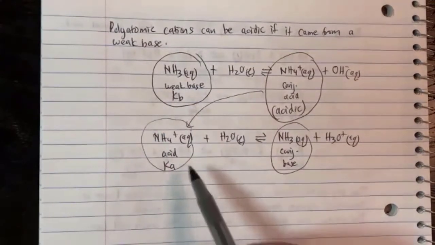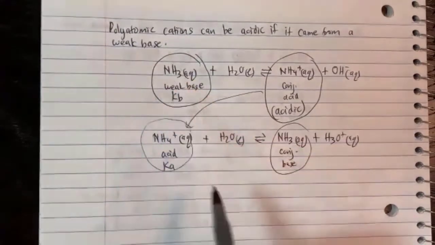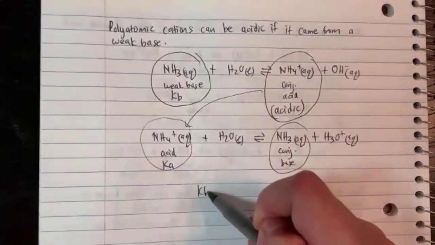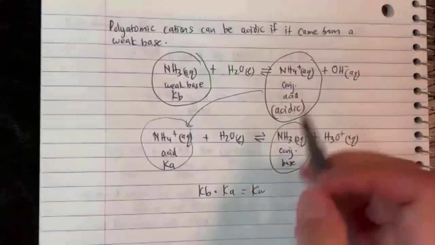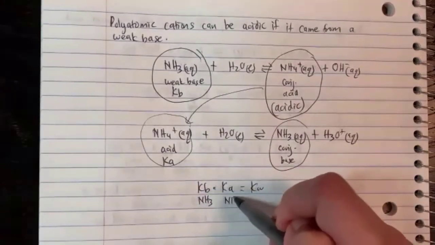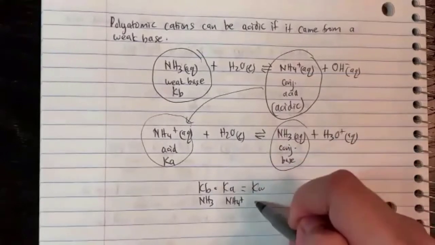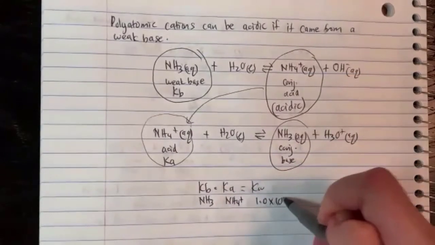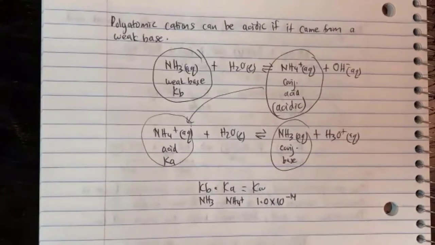The relationship between Ka of ammonium and Kb of ammonia is given as this: Kb times Ka equals Kw. So Kb of ammonia times the Ka of ammonium will give you Kw, and we're talking room temperature here, which would be 1.0 times 10 to the minus 14. Okay, so you start seeing there's a relationship between Ka and Kb.